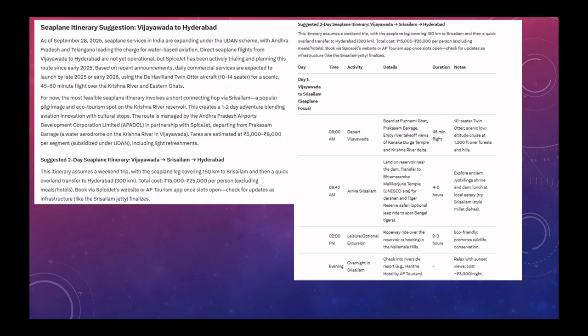Now, one more thing I am really irritated with in the output of this model is that although I asked for a seaplane itinerary, it nowhere said, "Hey, stupid human, traveling by road is directly 300 kilometers. You can directly go. Why are you asking me a seaplane route?" It did not suggest a regular plane route nor the road route.